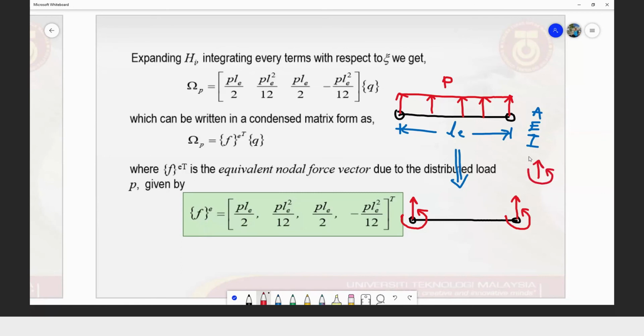Okay, positive vertical dengan positif in anti-clockwise direction. Tapi betul ke dia jadi macam ni kalau kita punya beam elements under this kind of distributed load, kan? Betul ke dia akan jadi macam gini? So let's look at the next slide.